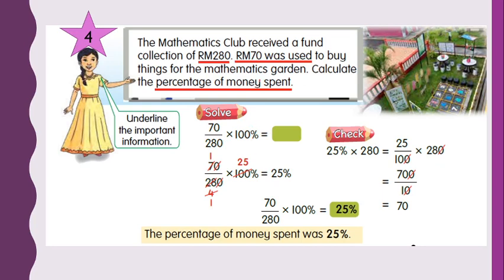Okay, this is how we calculate the percentage. So 70 used to buy things out of 280, the total fund collection, times by 100%, and we will have the answer: 25% of money spent.